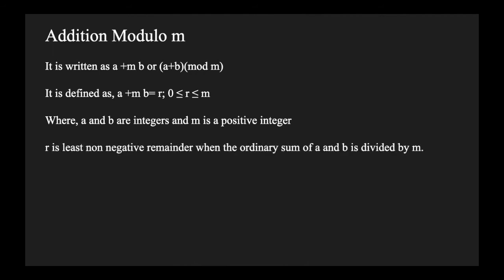And R is the least non-negative remainder when the ordinary sum of A and B, that means A plus B, is divided by M.